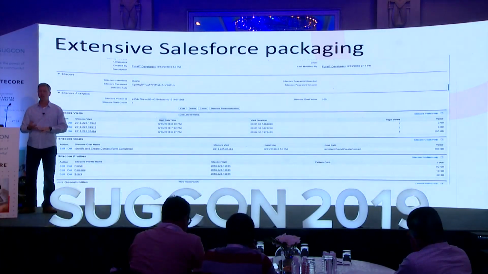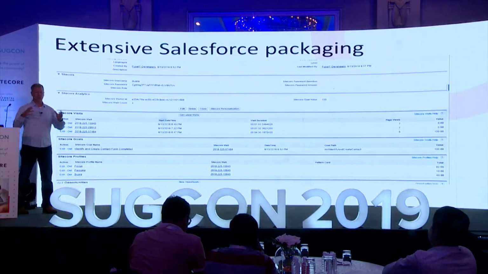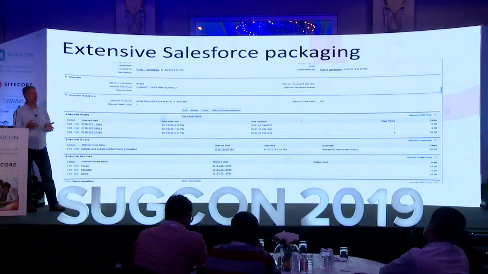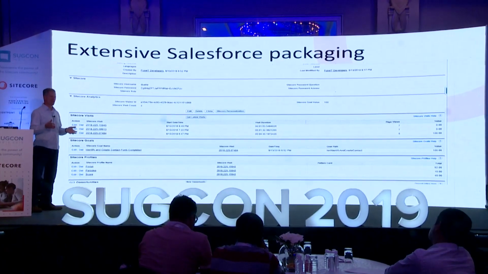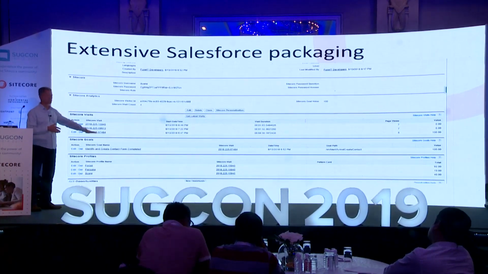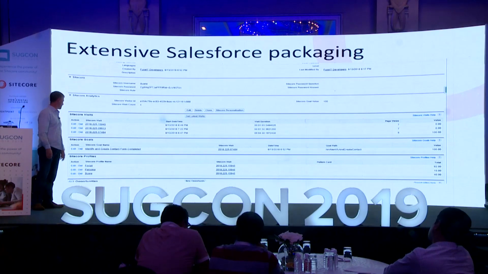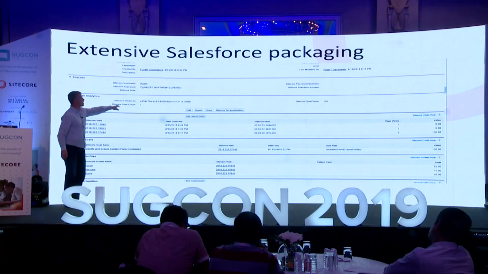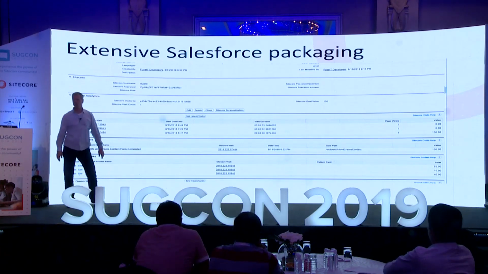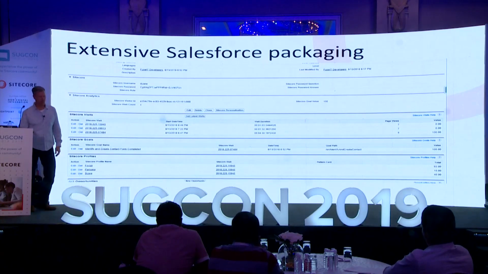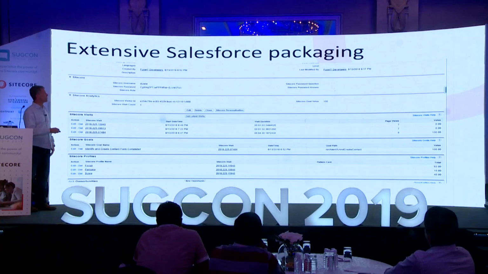It's got code, triggers. It's a Salesforce package. And you install it, and you have all of this out of the box. So you can see we're pushing up visits out of XDB. We're pushing up goals, profile information. You can authenticate out of Salesforce into Sitecore. All of that comes out of this one package.